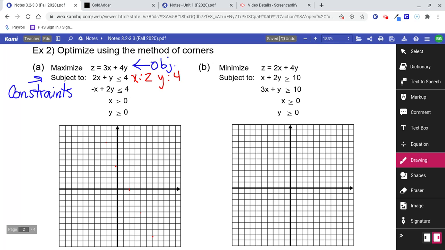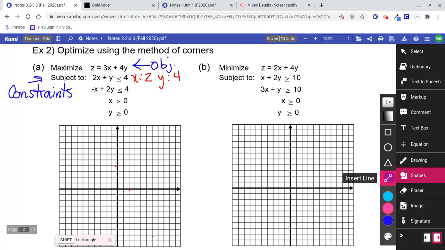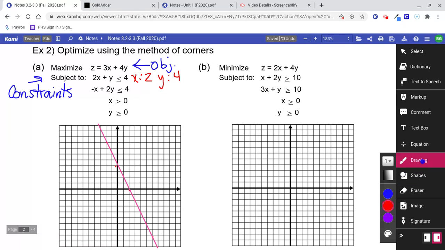Do I have a line tool? That's not bad right there. Notice this one says less than, so I'm going to be shading down. I would save it and do that later though.